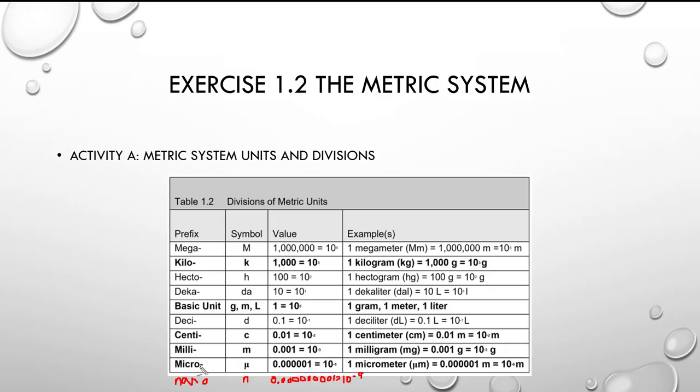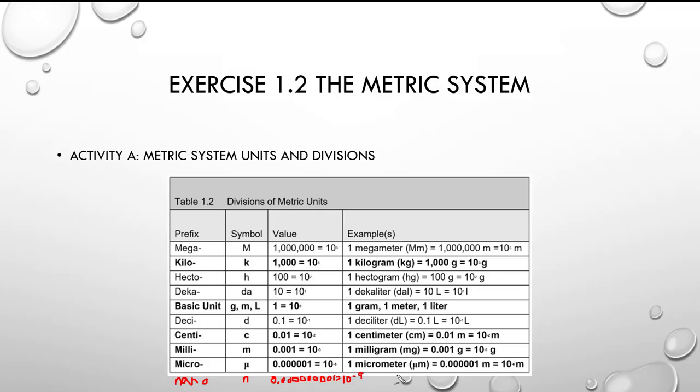Micro, since we've already used the symbol M, I can't use M for micro. So I have this weird U shape. So this is like a little Greek symbol mu. So micro is 10 to the minus 6. So you can see here it's 0.000001. So 5 zeros and a 1.